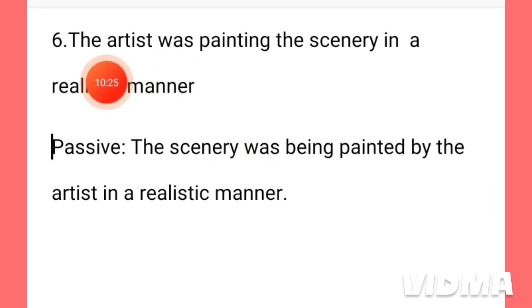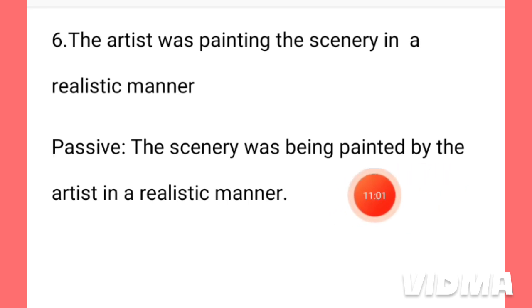The original sentence is in the past continuous tense, so accordingly this sentence is also written in the past continuous tense. Then we have to use being. Previously I have already discussed that in any type of continuous tense we have to use being in the passive voice. So being is used here, then the past participle form of the main verb. Here the main verb is paint. So we have written here painted, this is the past participle form.